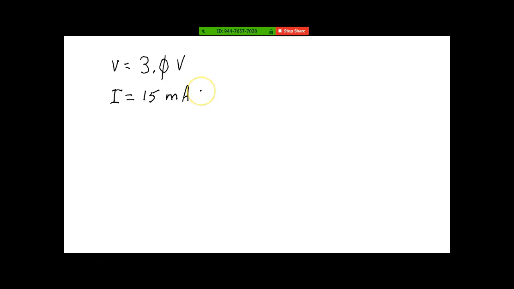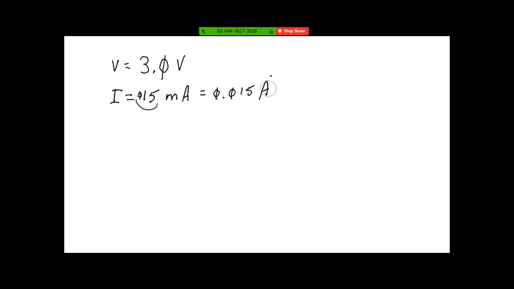So if you like just moving decimal places, move 3 places to the left, and that would be 0.015. Move that decimal 3 places to the left, you'd have to put a 0 in front, 0.015 amps.